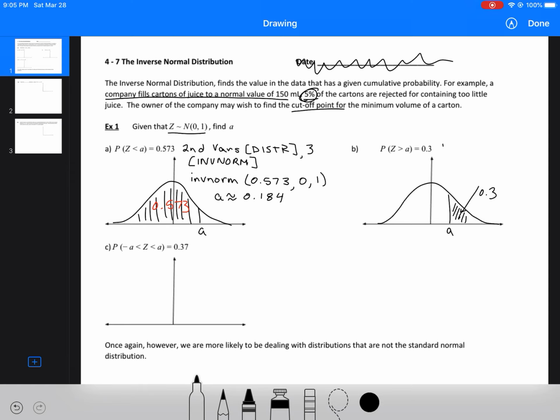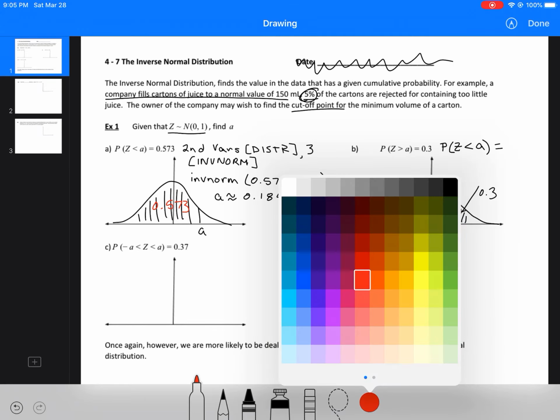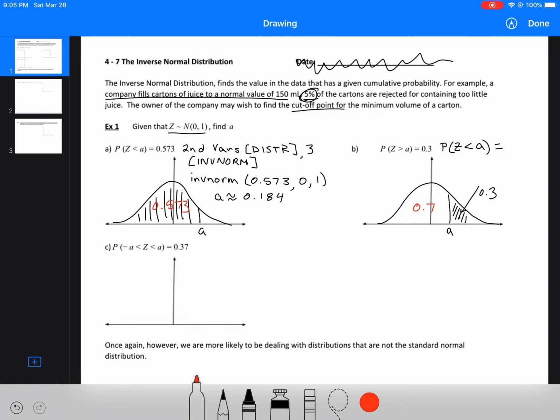The inverse normal function only really works when you have less than. So we need to know the probability that Z is less than A. If you remember, when we first learned about the normal distribution, the area has to add up to 1. That means the part on the left-hand side of my limit is going to be 0.7.